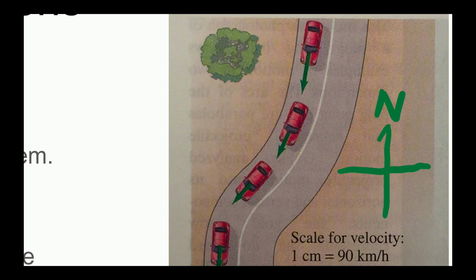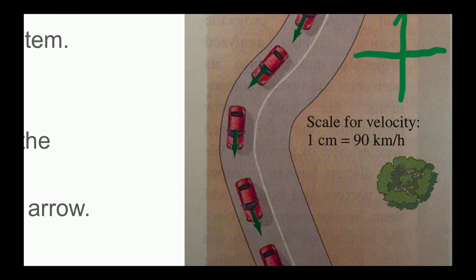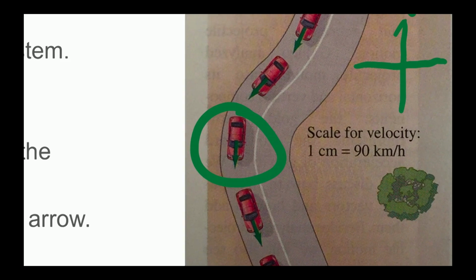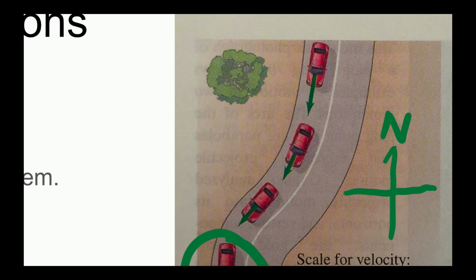So at first, it looks like the car is going south and a little bit west, and by the time we get to the middle of the curve, it looks like the car is heading straight south. I can tell from the size of that vector arrow that it's slowed down for the curve because the magnitude of that arrow is not the same as the magnitude of when it started out.